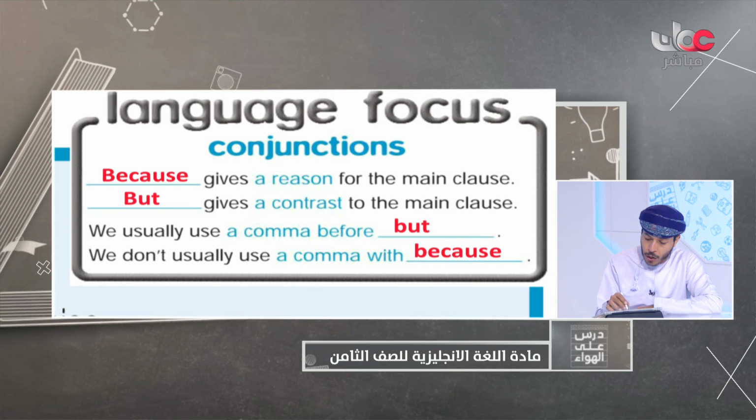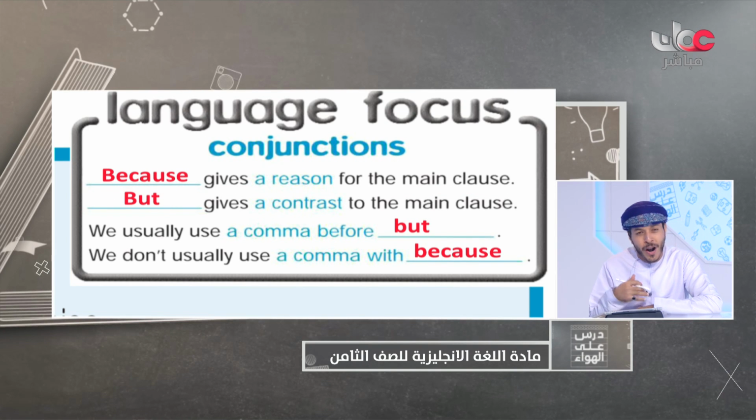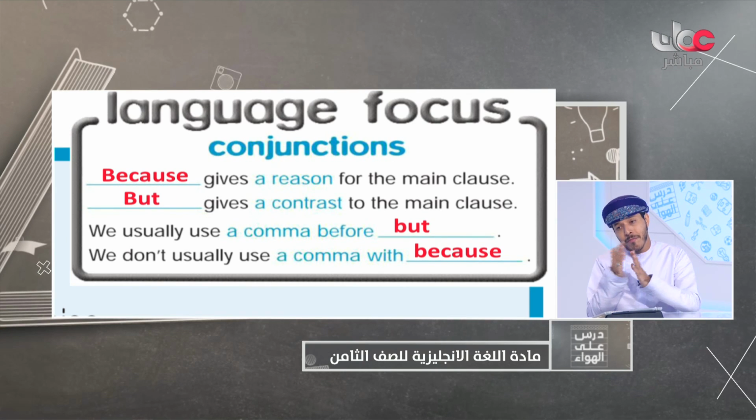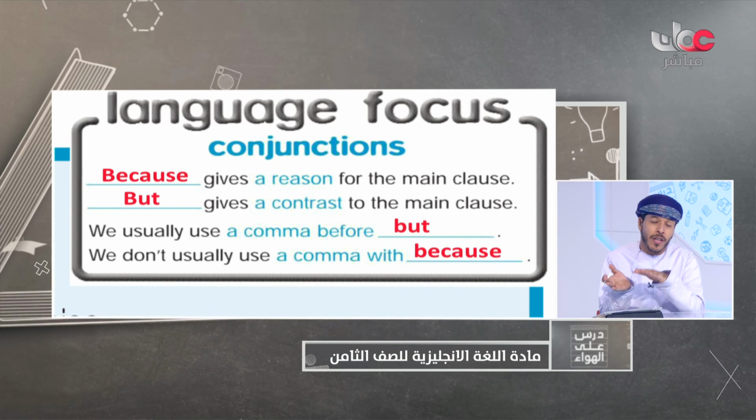For the conjunctions, we have two conjunctions. We have because and we have but. Because is used to give a reason for the main clause. But, or however, but gives a contrast. A contrast, مفارقة. A sentence and there is another, totally different sentence.